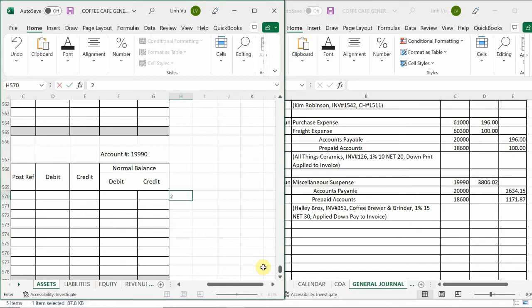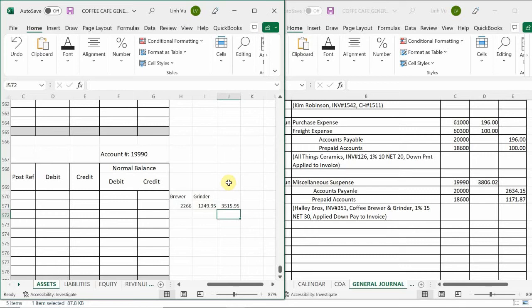So let me just type it in here. Brewer, then grinder. So my coffee brewer was $2,266, while my coffee grinder was $1,249.95. Right?